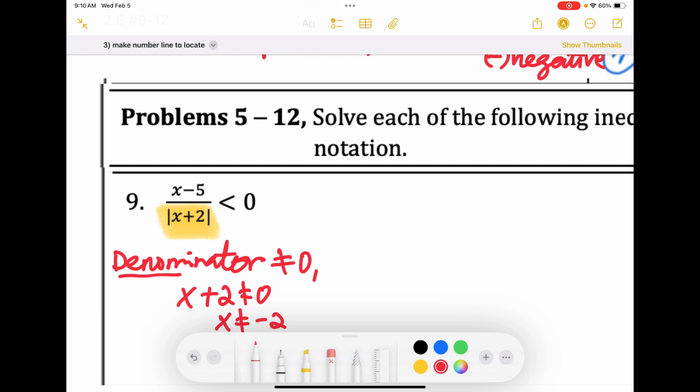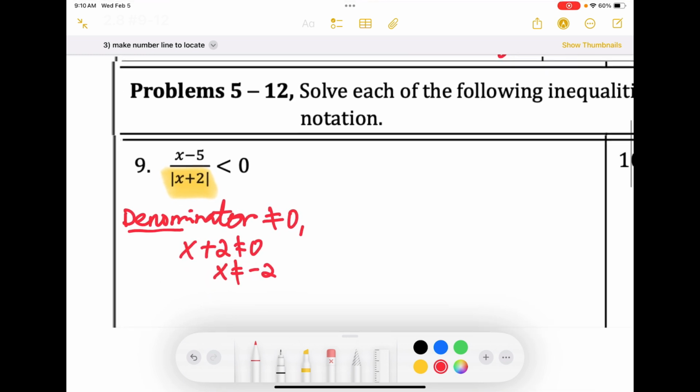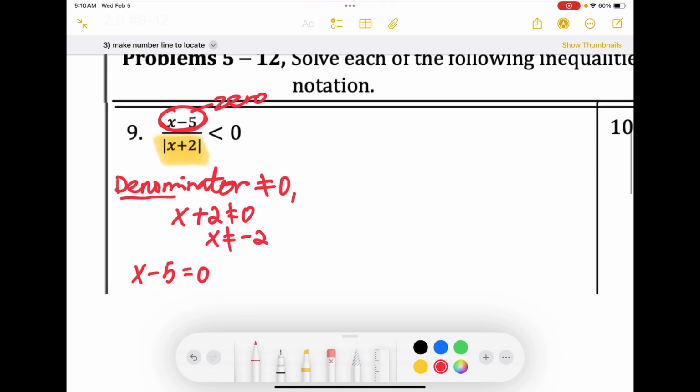Good? Now, in classroom, we mentioned if I want to get the critical x value, what do we know about the rational function? On top, it's guaranteed my 0. So the top one tells me the critical value: x minus 5 is my 0, so I know x equals 5.